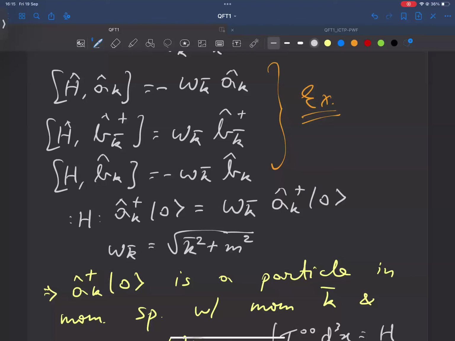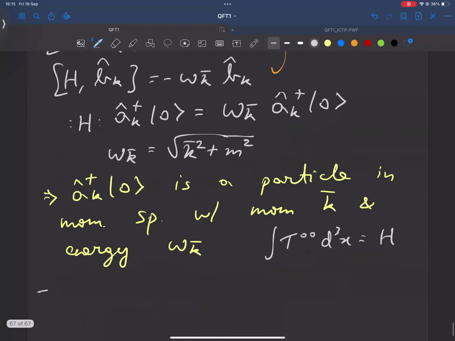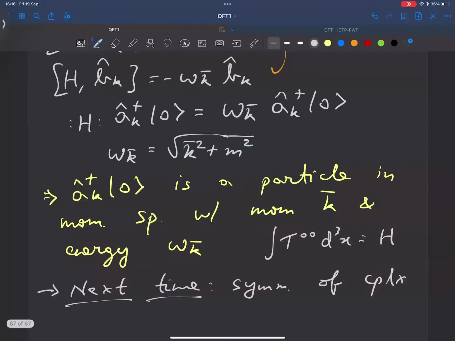No. Okay. So next time we will discuss what are the symmetries of the complex scalar field. So next time we will start with the symmetries. Sorry, I was a bit slow today. So symmetries of the complex scalar field.